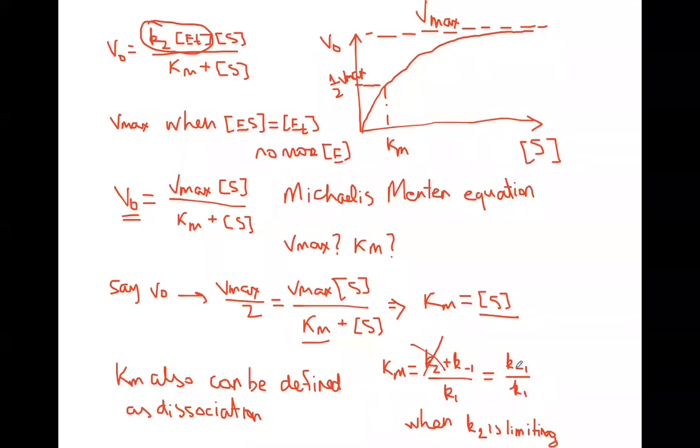This is the ratio of the reverse reaction over the forward reaction, and that's the same as the dissociation constant.